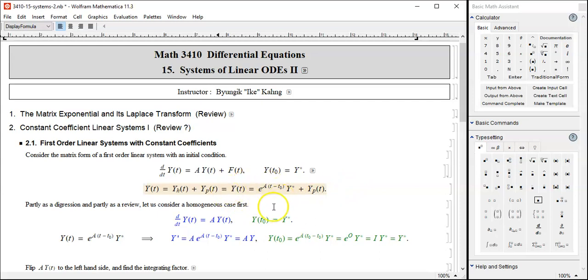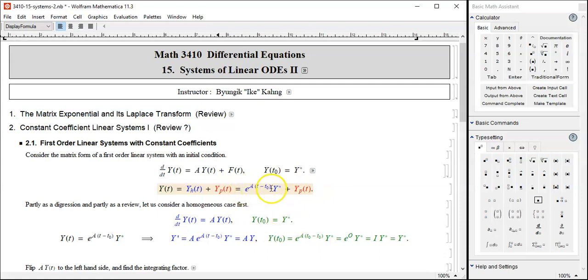Something's not right here. Okay, now it's correct. So the solution of the homogeneous part, which I just highlighted in blue, is this one. And the particular part, well, I have to work on it.